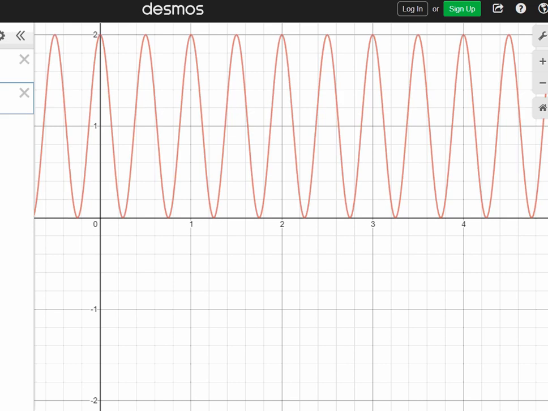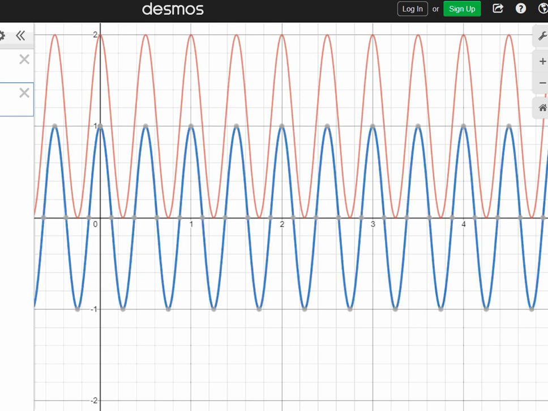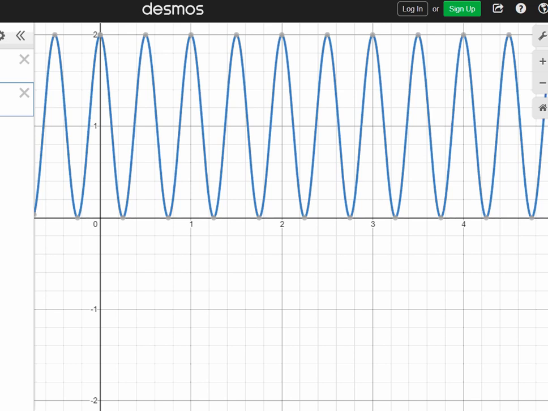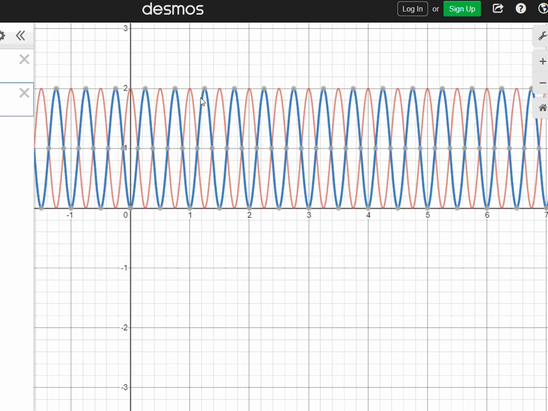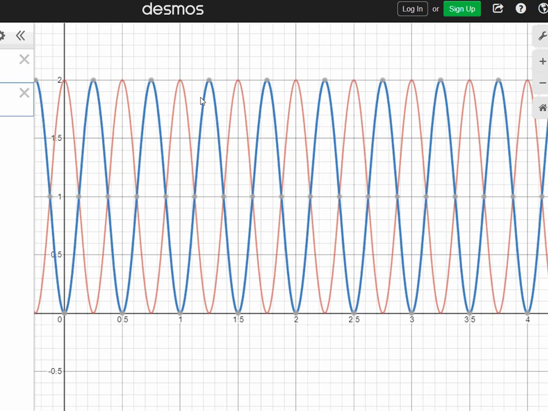I can add another expression right over top of it. But I got to invert it. Yes! Okay. Pretty convenient.